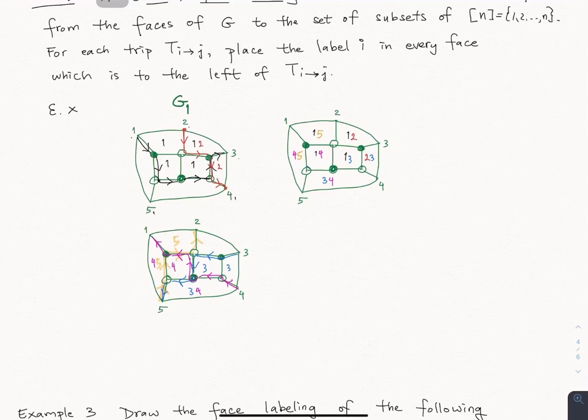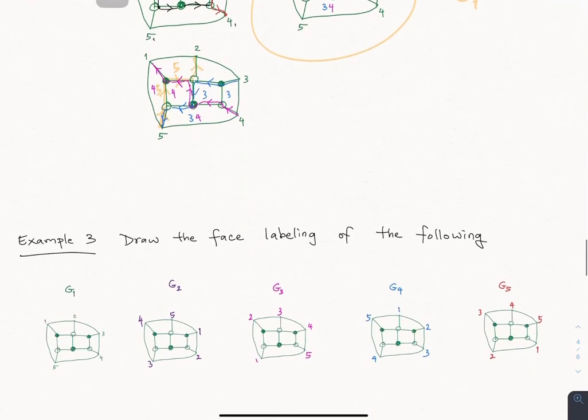So this over here is the face labeling for G1. And so for exercise, please follow what I just did to compute the face labeling for all of these 5. And I have already computed the one for G1. And in fact, all of them will have different face labelings.